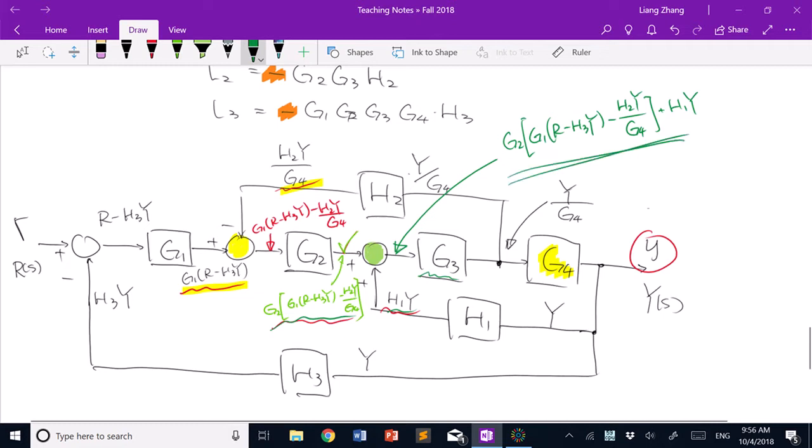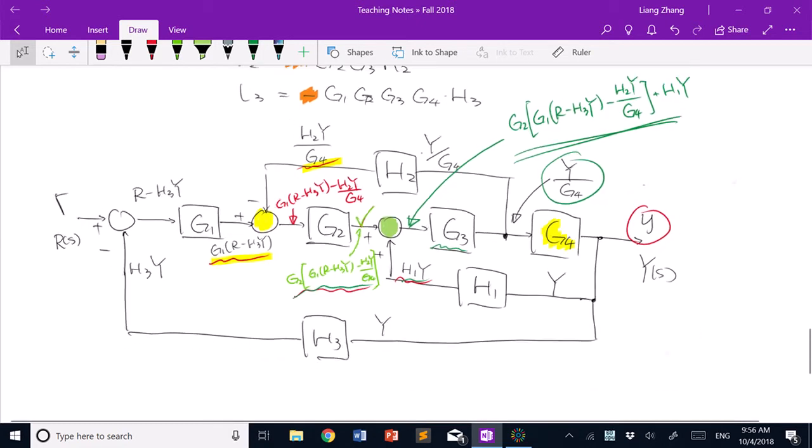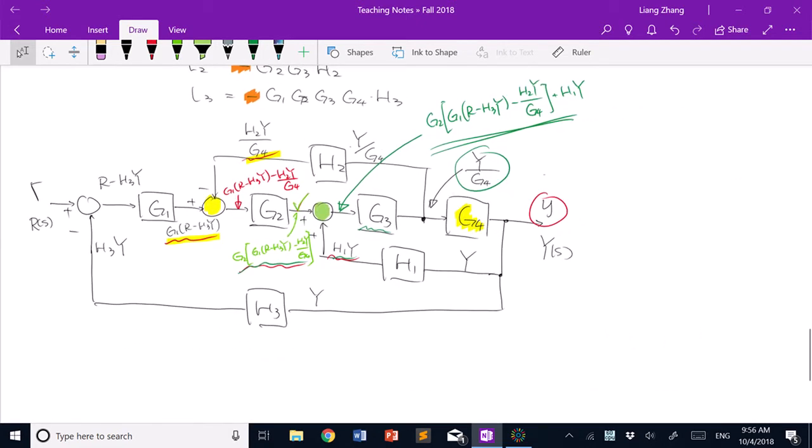Now, for the G3 block, this is the input, and the output we have calculated earlier, Y over G4. These two should be related by the transfer function.